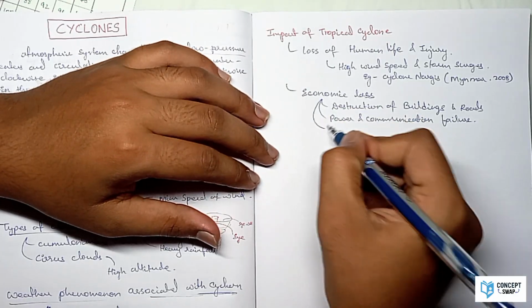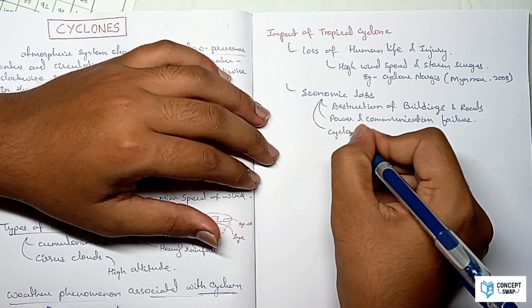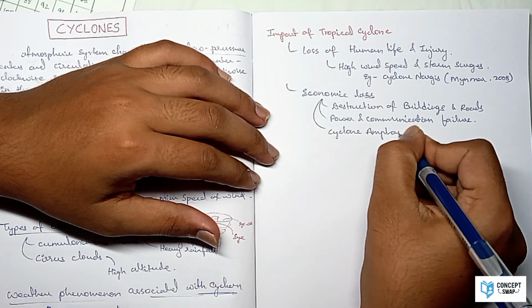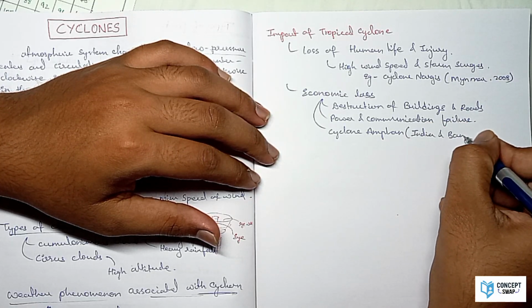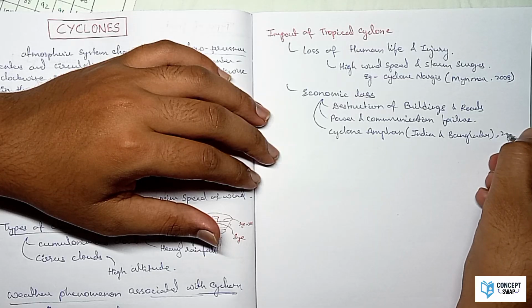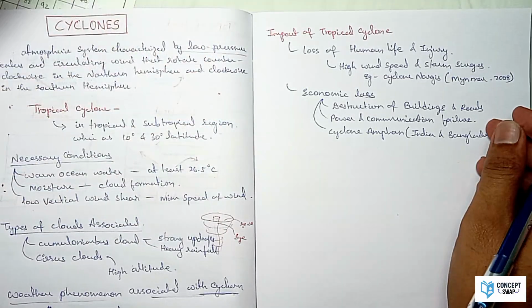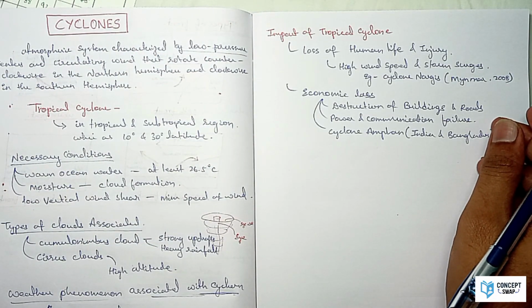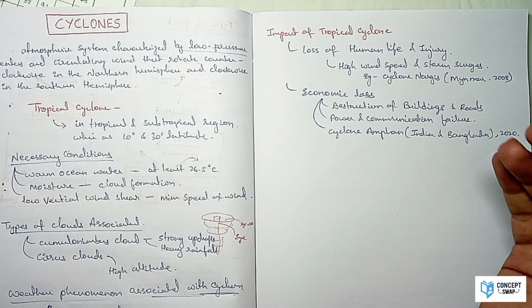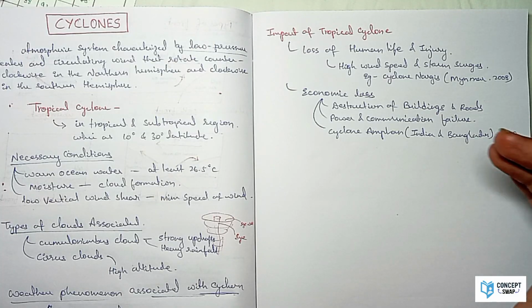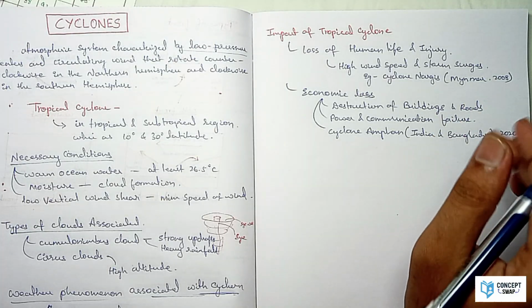Then Cyclone Amphan, example is India and Bangladesh in 2020. You should remember the examples also. It is more helpful for value addition. Examples are important, like for mains answer writing, where theoretical answer writing will be important.